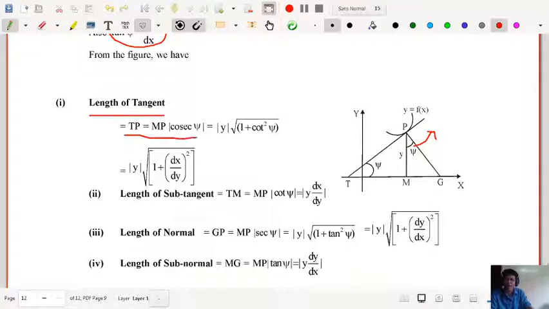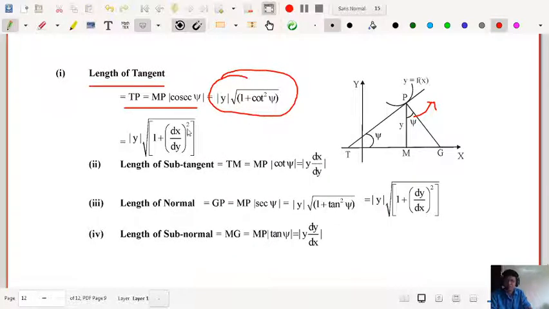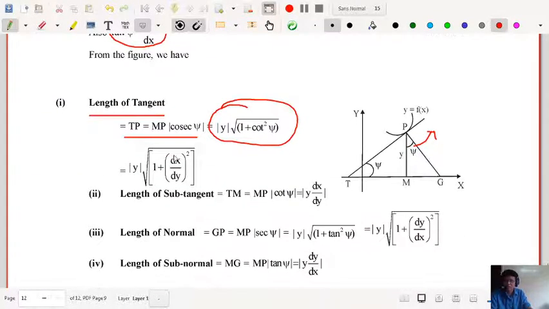If you apply simple trigonometric relations, that is sin theta is perpendicular by hypotenuse, cos theta is base by hypotenuse, you will get this form. The length of the tangent is given by mod y into root over 1 plus cot square psi, and cot psi is dx/dy, because tan psi is dy/dx.